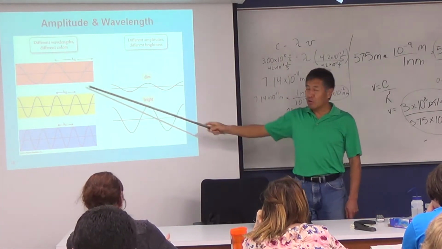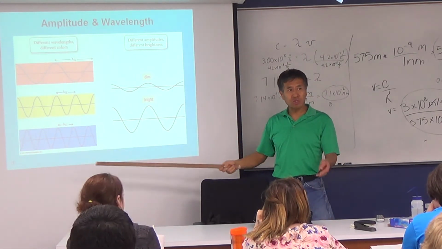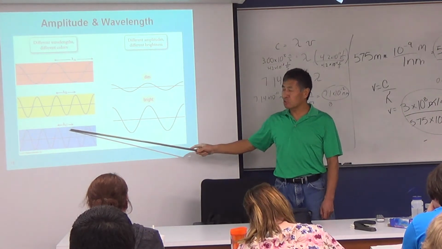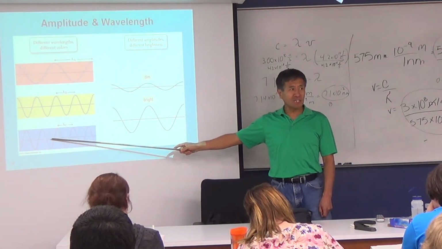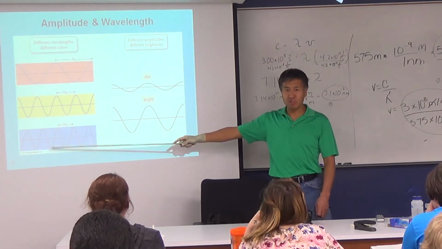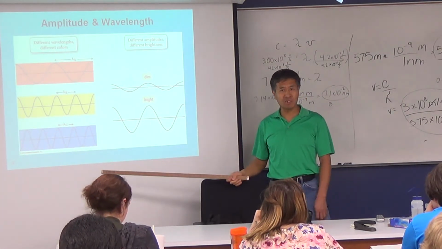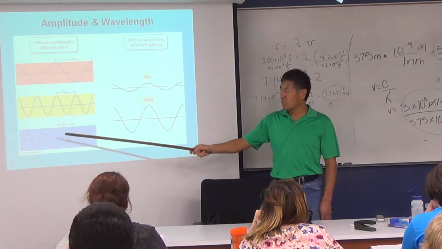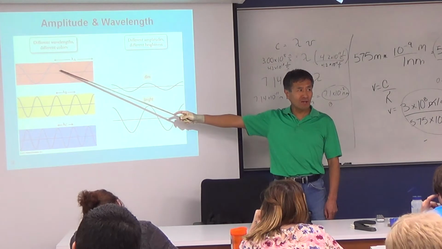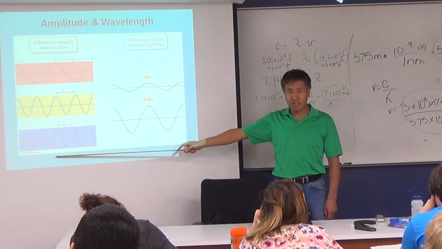Then gradually we go from red to violet, through yellow, orange, green, and blue, and the wavelengths get smaller and smaller. If the wavelength gets smaller, then the frequency gets higher. Frequency means how many waves go through one point at a given time, so this matches. So a longer wavelength, a shorter wavelength, and an even shorter wavelength.